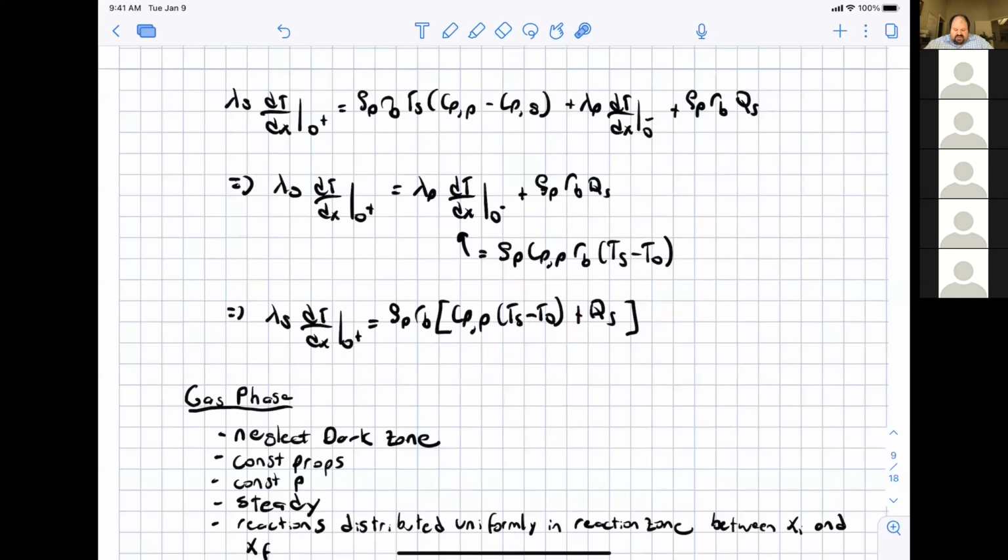So now we are working with the gas phase side to find a relationship for this and close our relationship for r_b, and then we can solve for the burning rate.